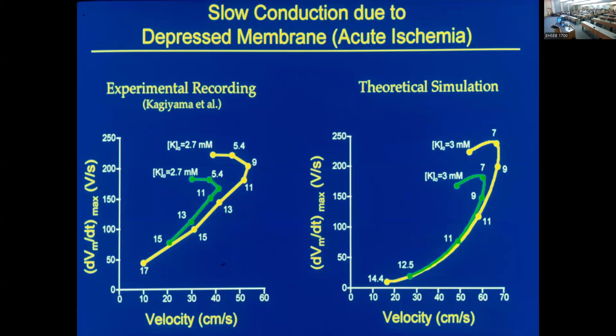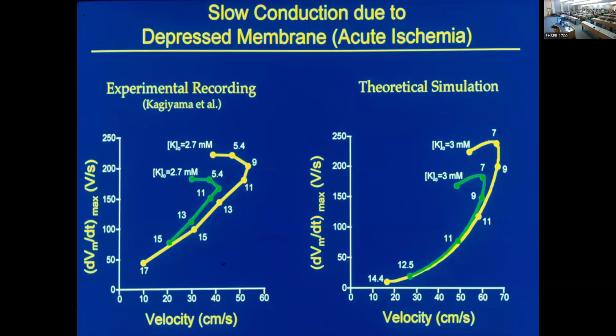As it increases, first, you see augmentation of conduction. Conduction is improved. This is because your membrane voltage is depolarizing from its rest potential towards threshold for sodium channel activation. Okay? And so you have a smaller distance in the voltage domain to go from where you are to threshold, and therefore conduction is enhanced up to a point.